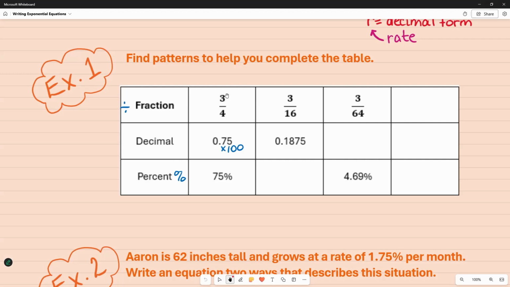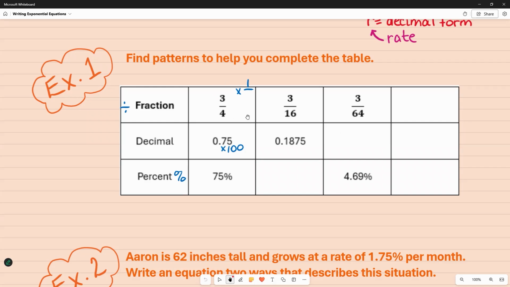I also want to know, how do I go from 3/4 to 3/16 to 3/64? I would suggest that you look at the numerator only and then go back and look at the denominator. What did I have to do to go from 3 to 3 to another 3? Well, I had to multiply by 1. We're talking exponential growth or decay, so it's going to be a multiplier. Then I'm going to go back and look at my denominator.